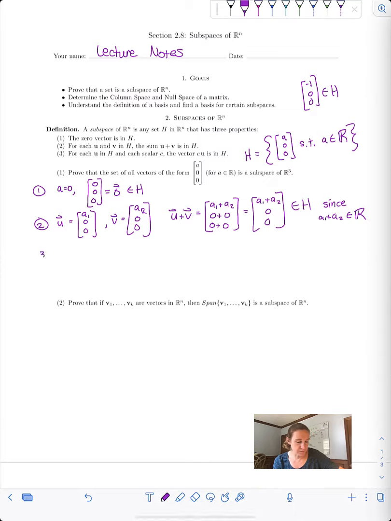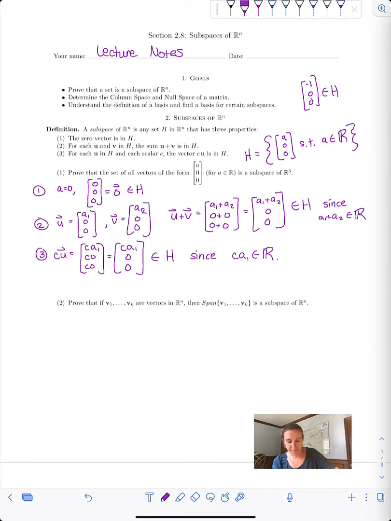And then finally, when we multiply by a constant, well, that's the same thing as multiplying each entry by that constant. And so we get (c·a1, 0, 0). And that's again in H, since c times a1 is a real number times a real number, which is a real number. And sometimes we write a box to represent that we're done with a proof.